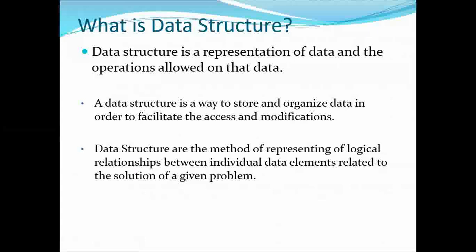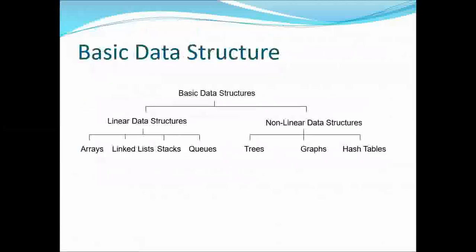So as we look at data structures, now let's look at the two categories that we're going to focus on. Okay, what are these two categories? We'll look at the linear data structures, which are static in nature, and this includes the arrays, linked lists, stacks, and the queues. These are static in nature.